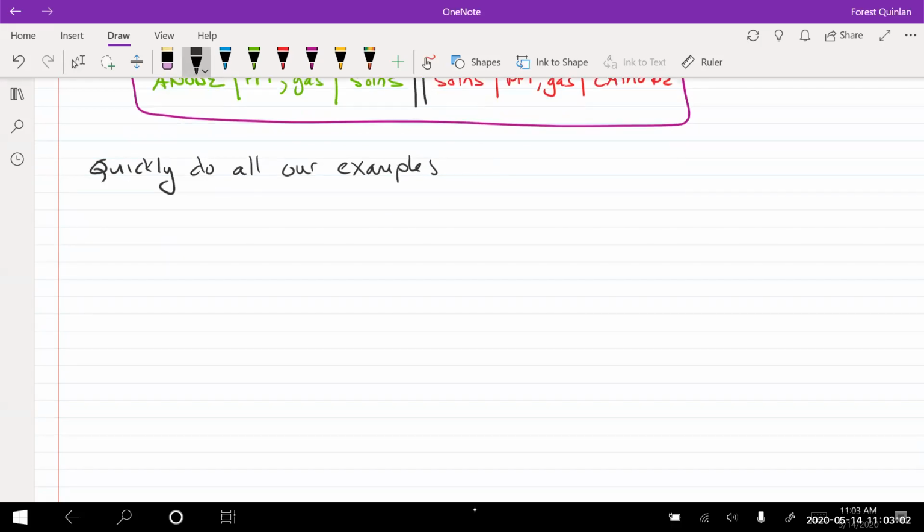So our first one here was our zinc plus the copper ions. We're going to make zinc ions and copper.